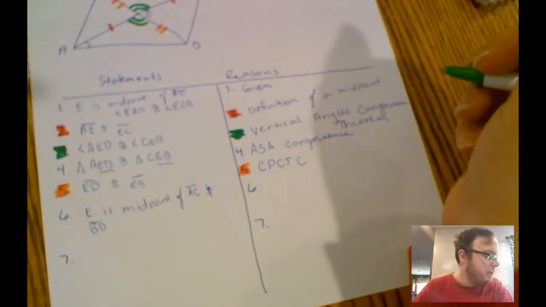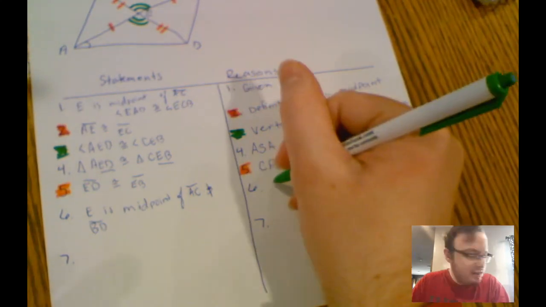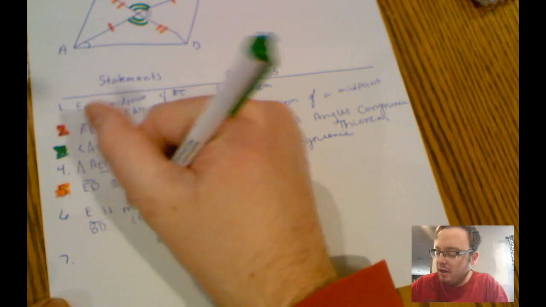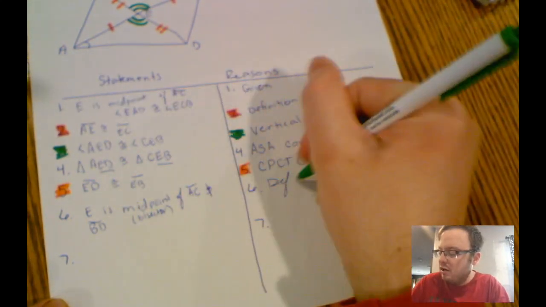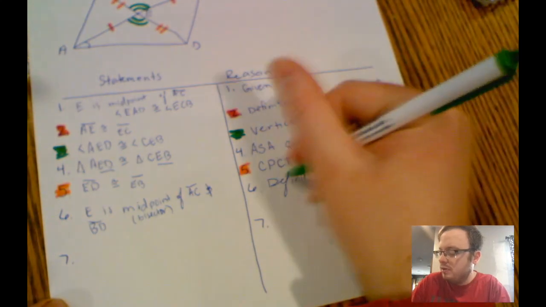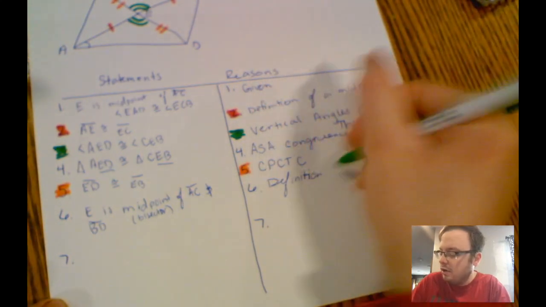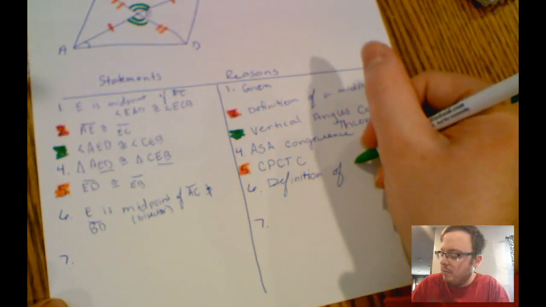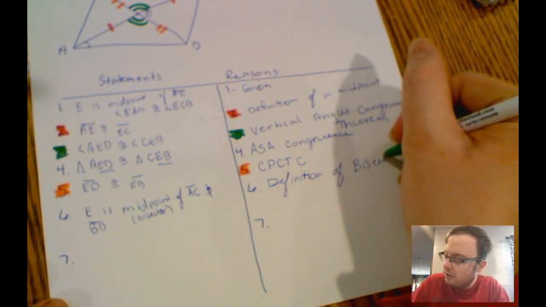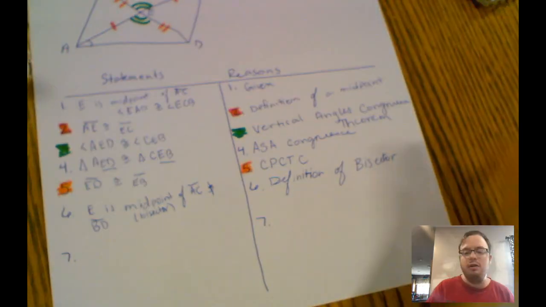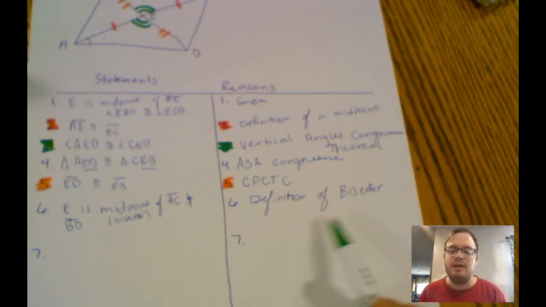Really it bisects them, midpoint or bisects, I guess it's the same thing. And that is the definition. You could say definition of midpoint, or I'm going to just say bisector for this one. So it's the definition of the bisector.